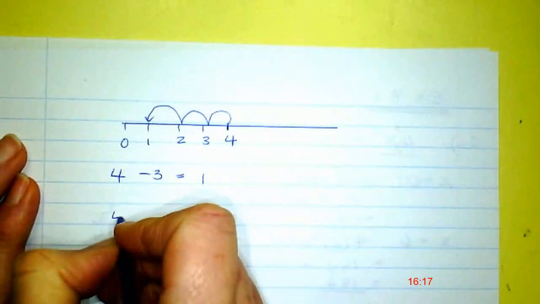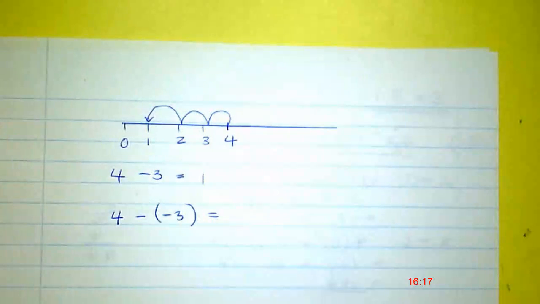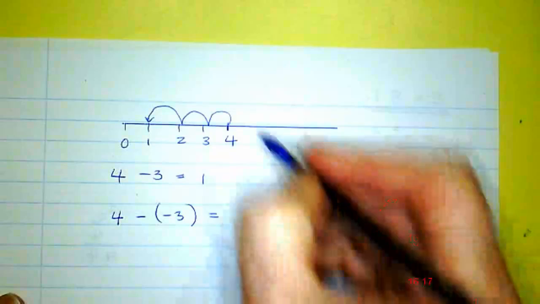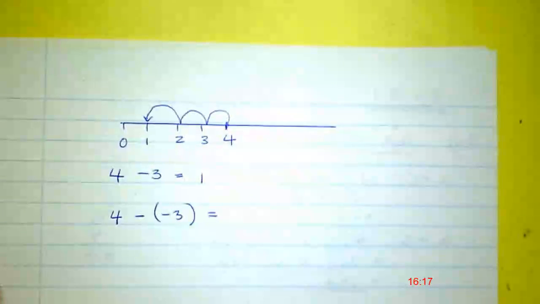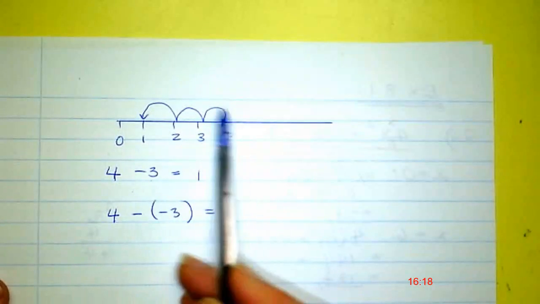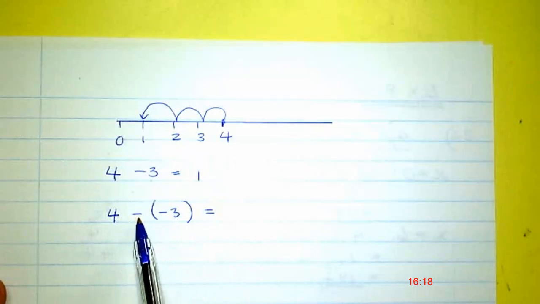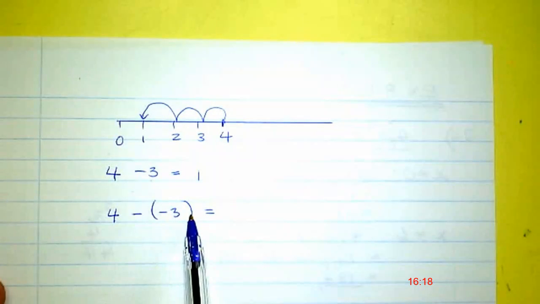But what if I say 4 minus minus 3? What on earth does that mean? Well, you see on my number line, there's only 2 ways I can go. When I subtract a normal 3, I know that I have to go this way. So what does it mean if I must subtract a minus 3? There's only one way to go.